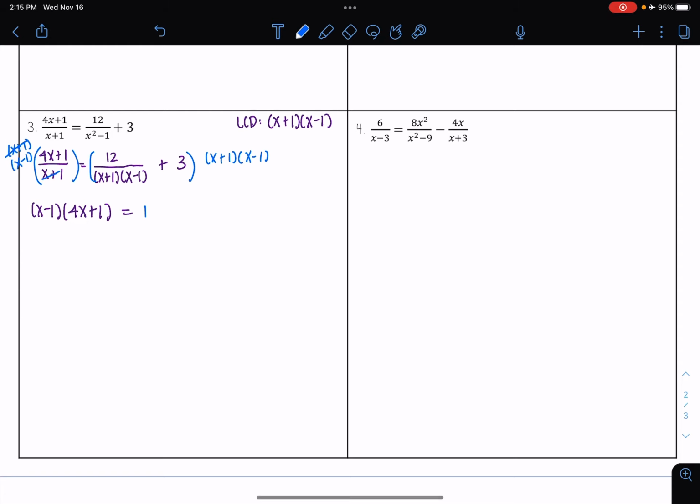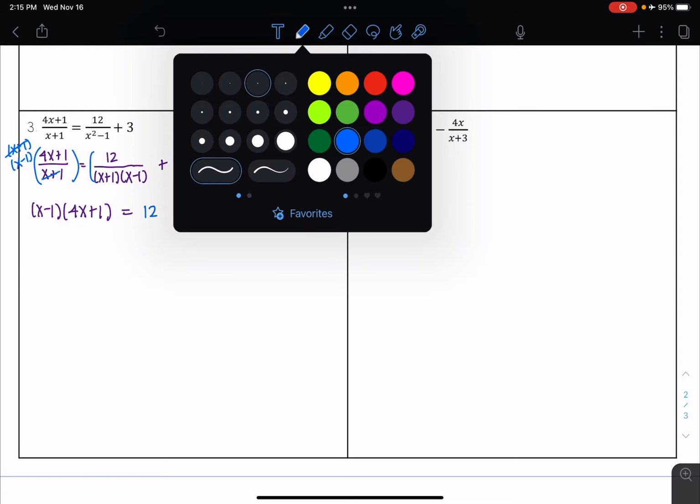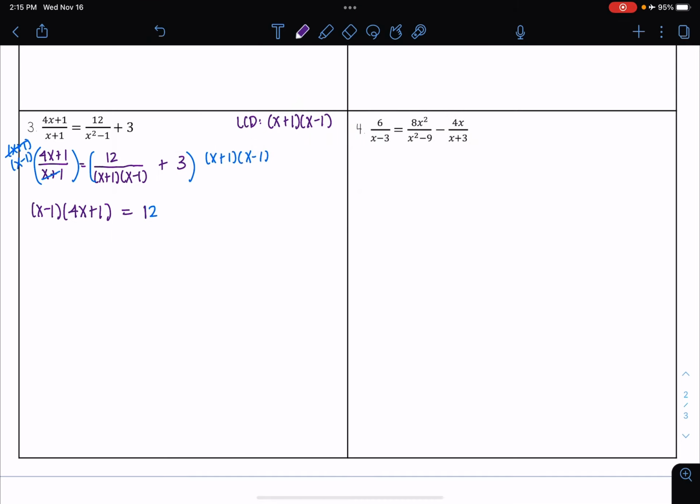So I'm left with just 12. And then I'd multiply the 3 by the least common denominator, and so I just have 3 times x plus 1, x minus 1.